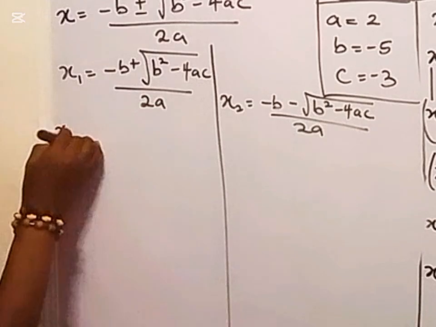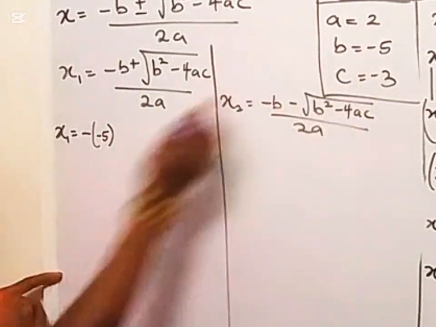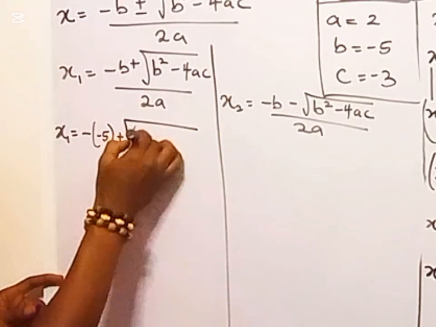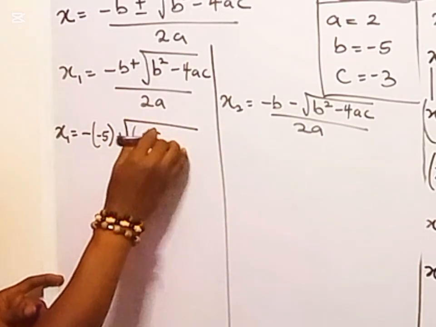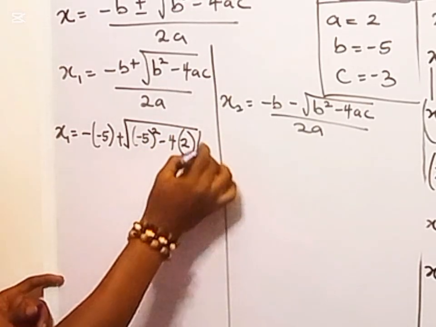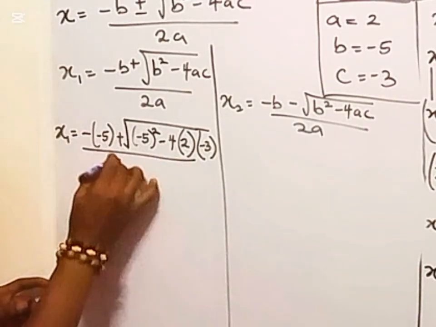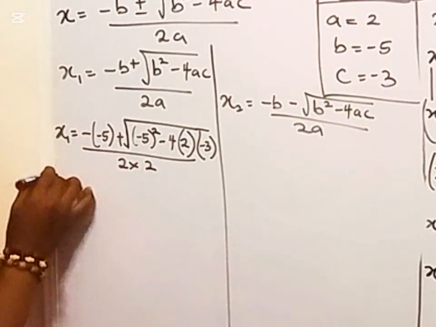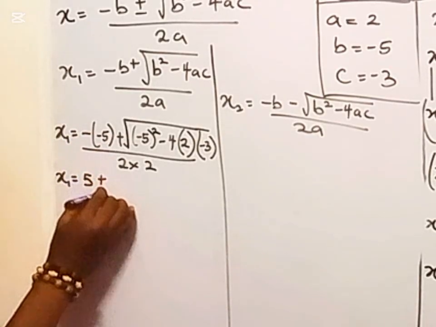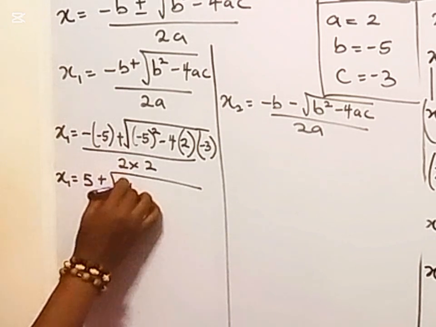So x1 is simply minus 5, because b is minus 5, plus square root of minus 5 squared minus 4 times 2 times minus 3, all over 2 times 2. So let's see what it will give us. Minus times minus will give us plus. Square root of minus 5 squared will give us 25.